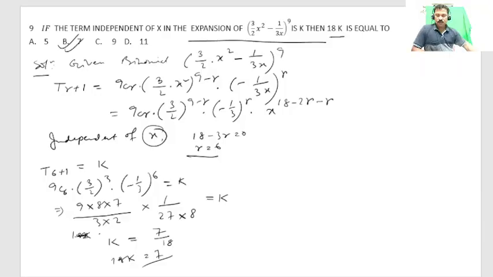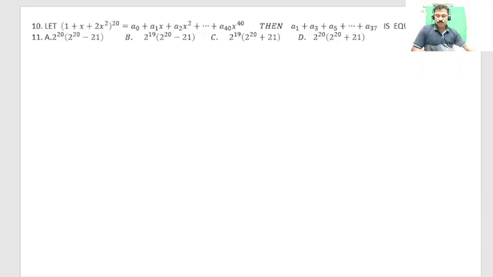Come to the next problem here. Let (1 plus x plus 2x square) whole to the power 20 equals an expansion is given, that equals which of the following options.